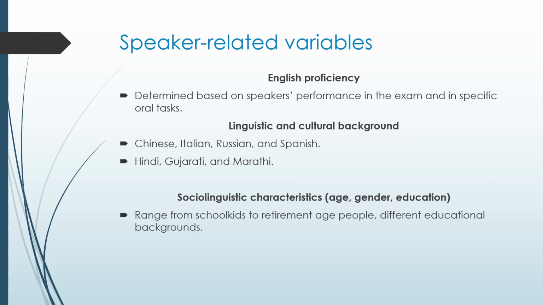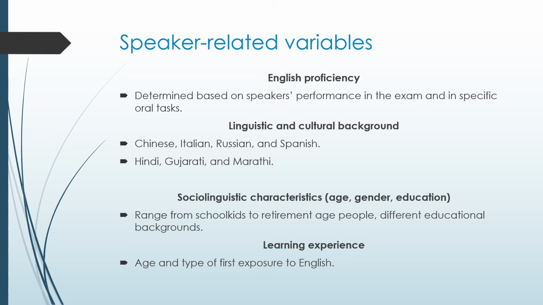Sociolinguistic characteristics taken into account were age, gender, and education. People whose conversations were recorded range from school kids to retirement age people, and they have completely different educational backgrounds and completely different exposure to language, which is another factor that was taken into account.